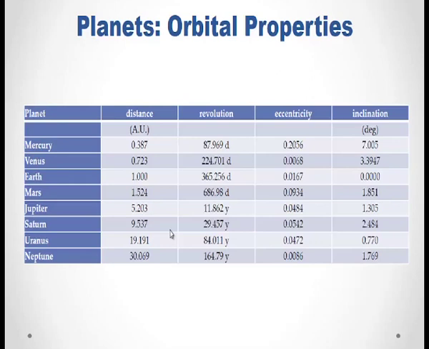Eccentricity of the orbits: eccentricity means how circular the orbit is. If the eccentricity is equal to 0, the orbit is perfectly circular. If the eccentricity is equal to 1, the orbit is highly elongated. So the values of the eccentricity of the orbits will be between 0 and 1.